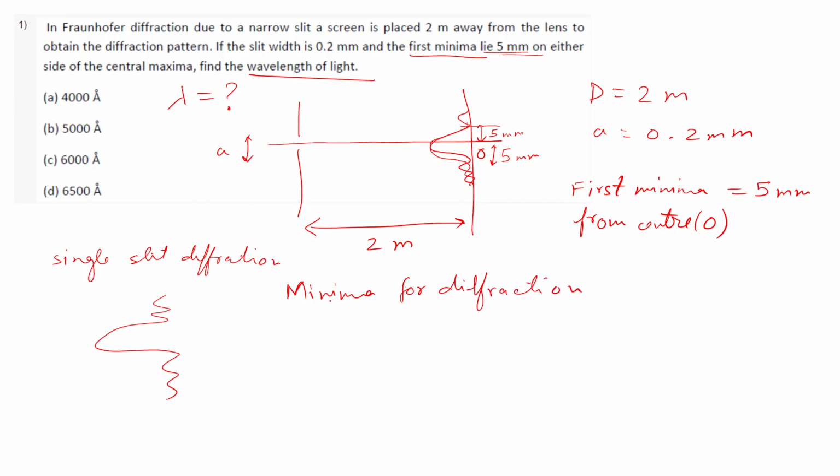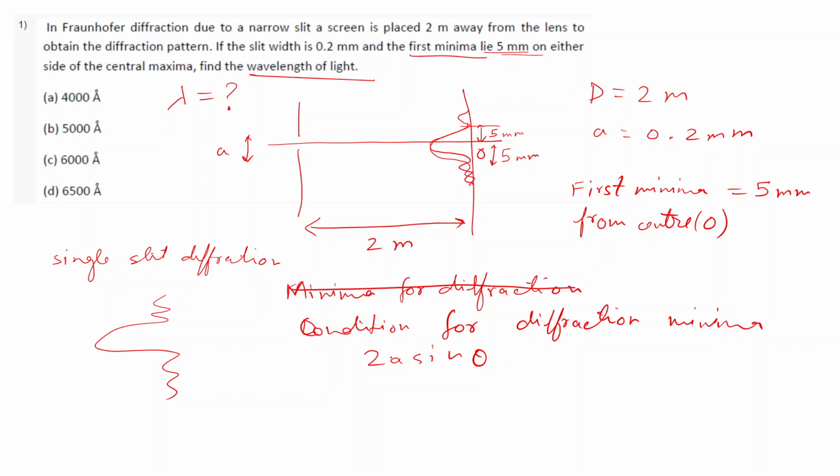So the condition for diffraction minima is a sin theta is equal to n lambda, where n is equal to plus minus 1, plus minus 2, and so on.